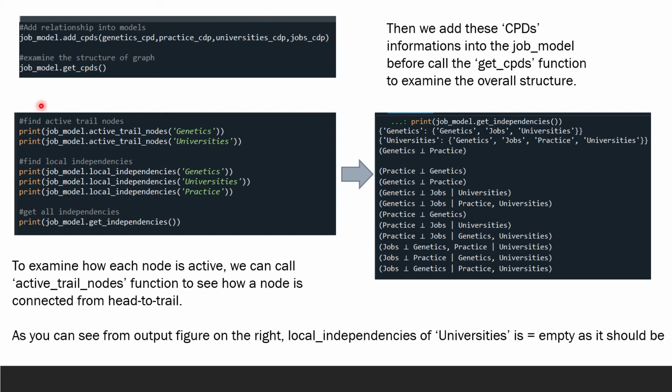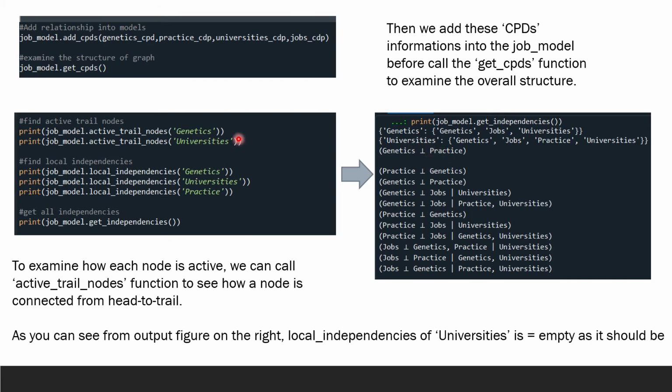And then we will find active trail nodes. To examine how its node is active, we can call the active trail nodes function to see how a node is connected from head to tail. As you can see from the output figure on the right, local underscore independencies of university is equal to empty, as it should be. But for the first one, the active underscore trail underscore nodes of the genetic, as you can see from here, the genetic is independent to the practice.